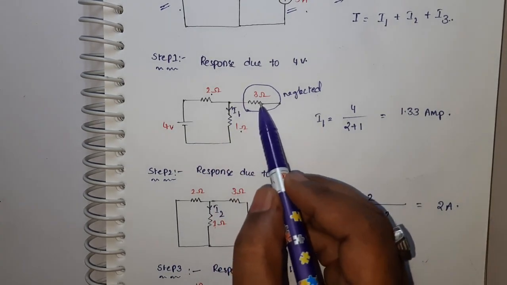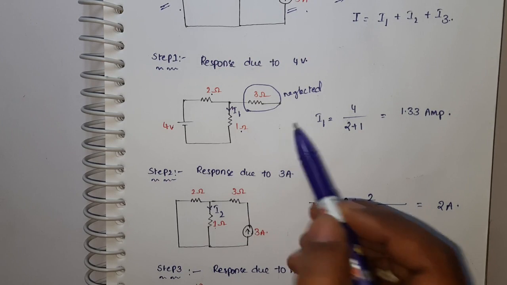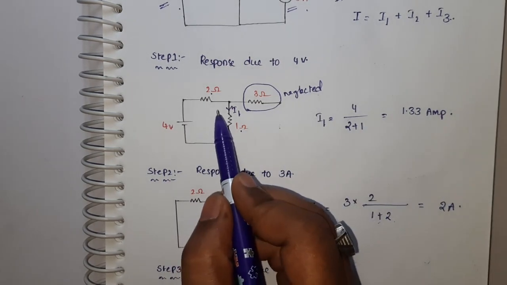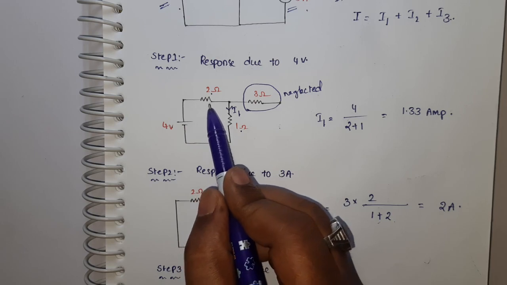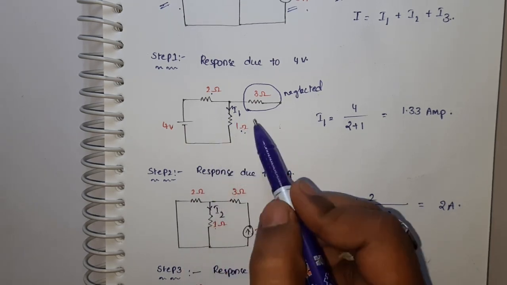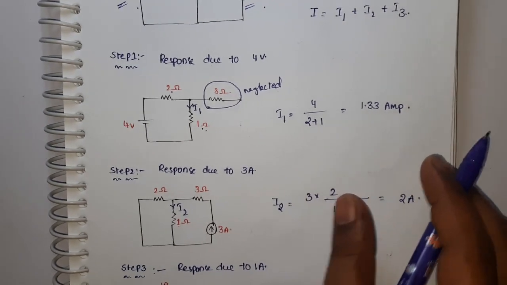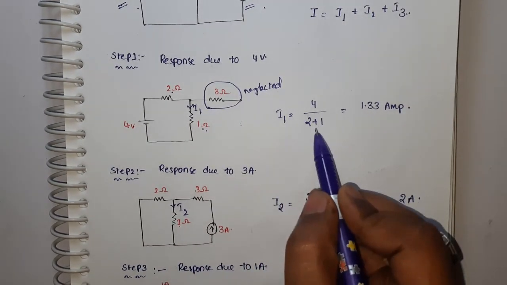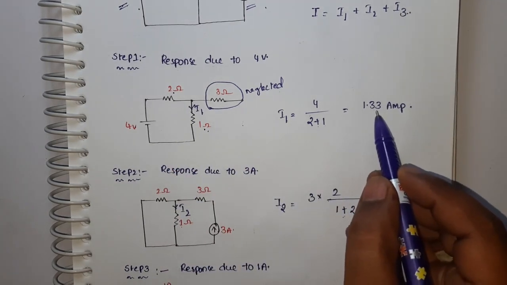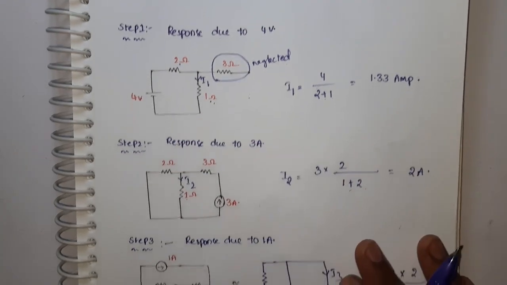This 3 ohm resistor is in series with the open circuit, so we neglected this one. So now in this circuit, 2 ohm and 1 ohm, these two are in series, so the I1 value is 4 volt by 2 plus 1, series combination of these two, which is equal to 1.33 ampere.